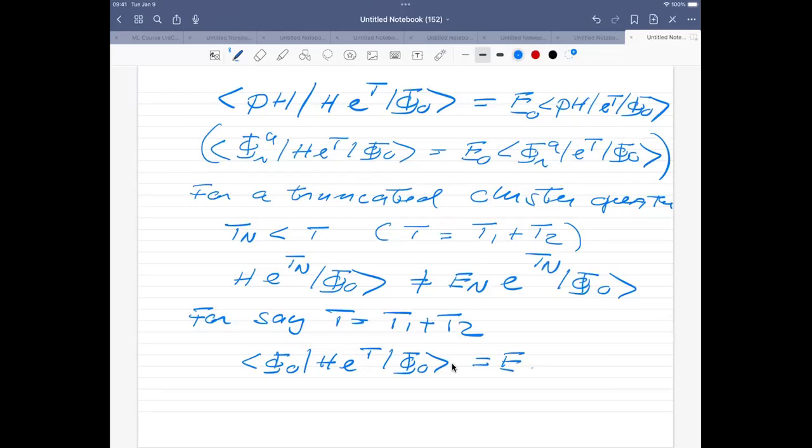So this is one equation which we would get. And then the next equation is phi i a with H e to the T phi 0, and this will be equal to E0 multiplied with phi i a e to the T phi 0.